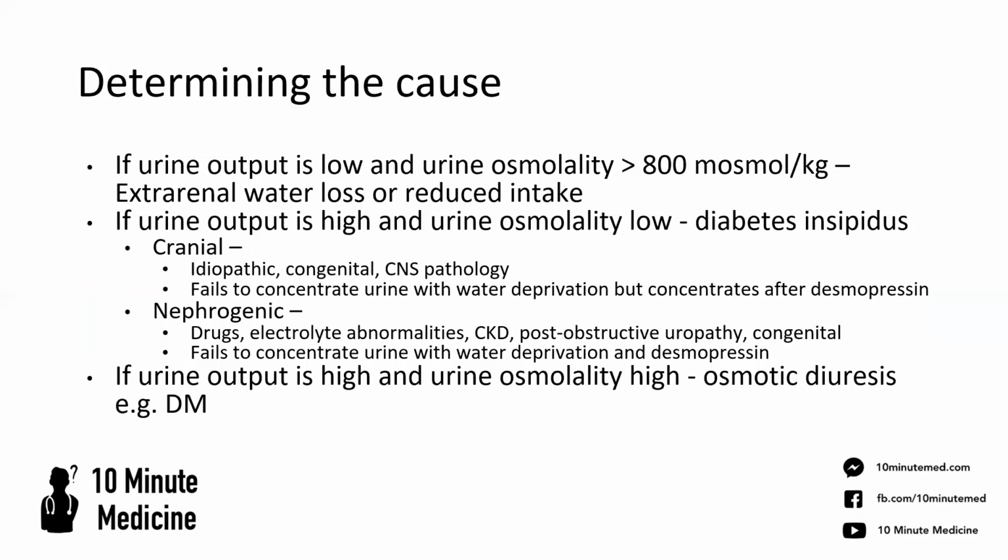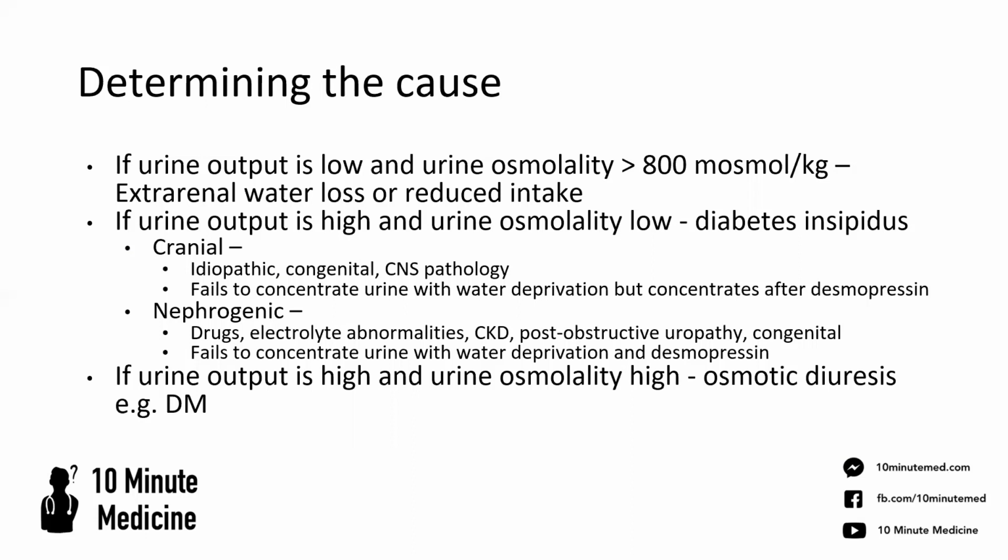As I was alluding to earlier, urine osmolality is extremely useful in determining what the underlying cause of hypernatremia could be. If urine output is low and urine osmolality is high, typically more than 800, then an extrarenal water loss or reduced intake of fluid is likely to be the underlying cause.